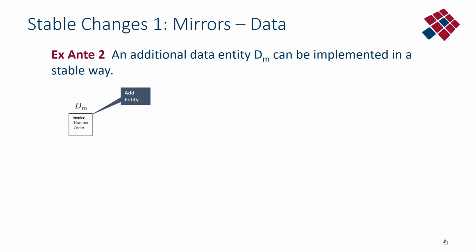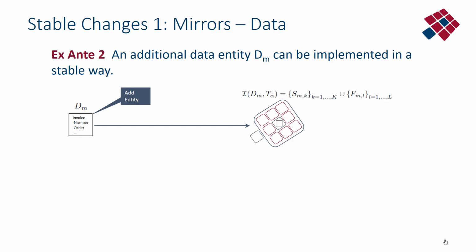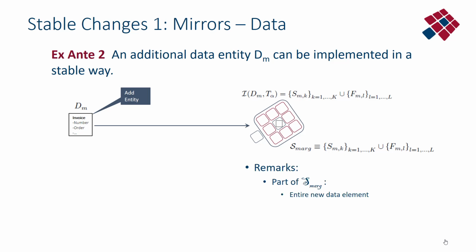Then, of course, that new data entity would be instantiated, expanded into a data element that consists of a number of classes, and the number of marginal software modules or software primitives is limited to the number of classes of a data element. So the marginal set of software primitives is the entire new data element, as many classes as the data element contains, and that is it.